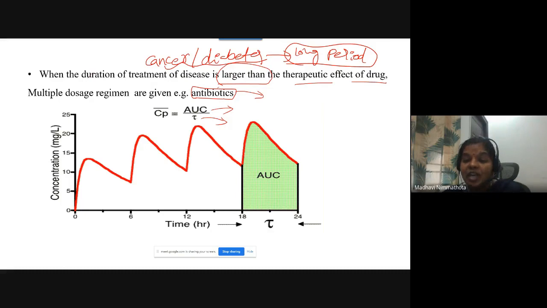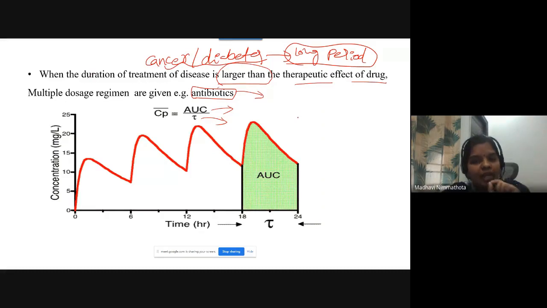Then in such cases, how do we calculate which particular drug is suitable for treating these diseases, and how can we calculate a multiple dosage regimen for that drug? It is totally dependent upon the dosing intervals, that is, at what time you are going to take your drug.